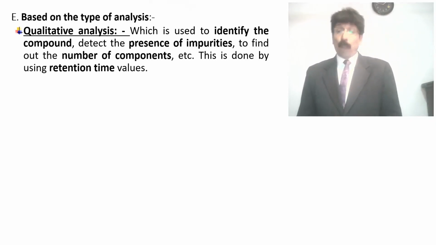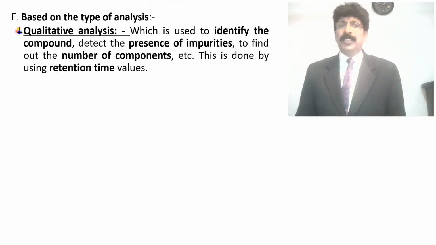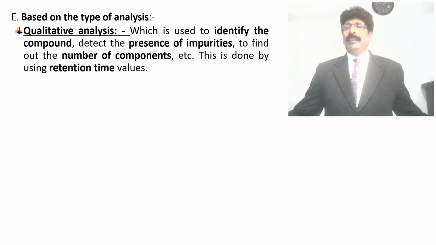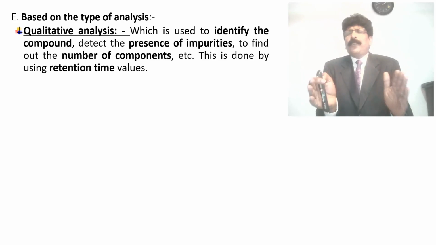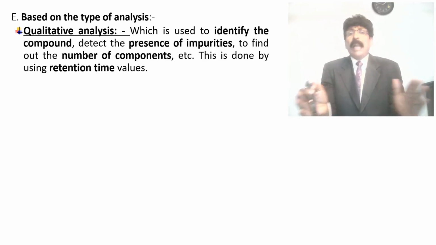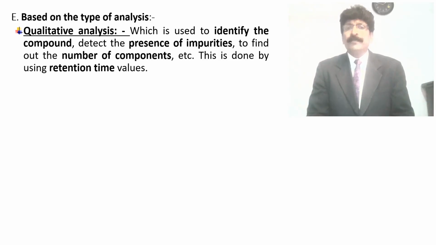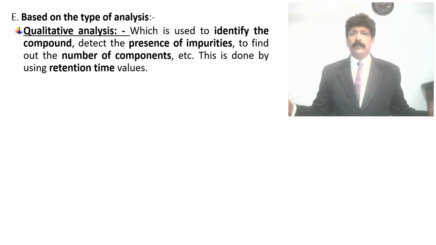Based on types of analysis also, qualitative analysis and quantitative analysis. This has more detail, but I am just concluding with a definition only. Qualitative analysis is used to identify the compound, detect the presence of impurities, and find out the number of compounds in the mixture which is given.